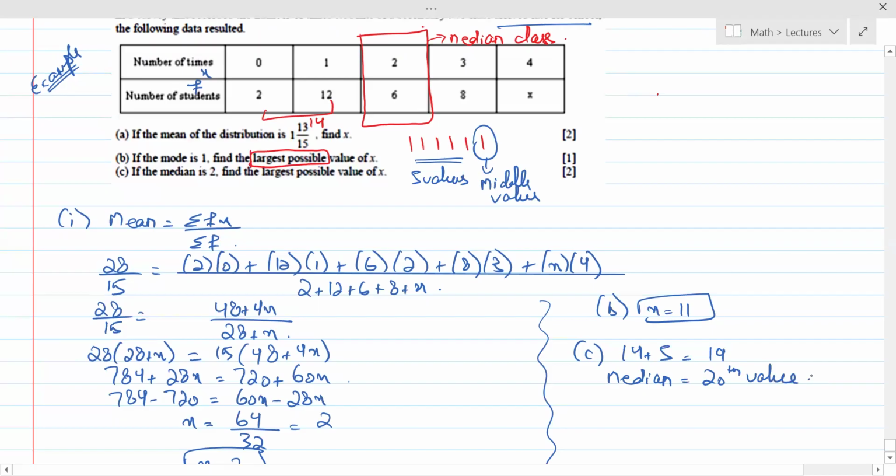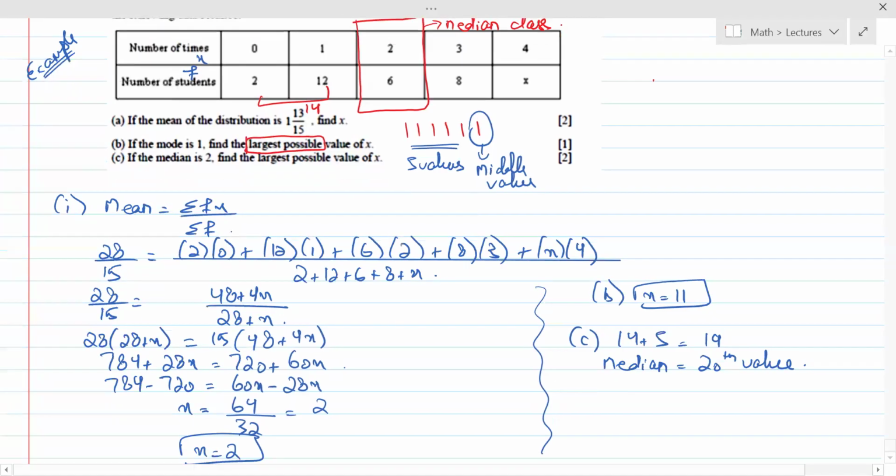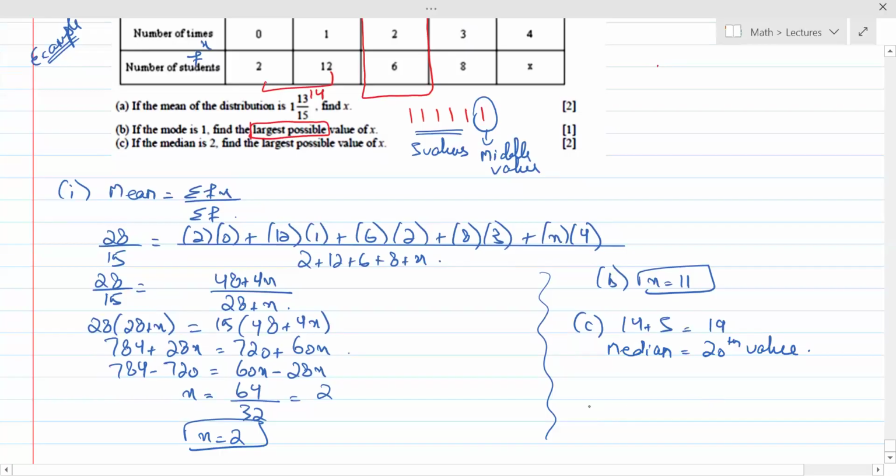So if the median is the 20th value, then it's a must thing that whatever there is in the middle, the same number of values or same distribution should be there on the left and the right. So on the left of this median value, we have 19 values. So the same should be the case for the right side. Let me explain with the help of this diagram.